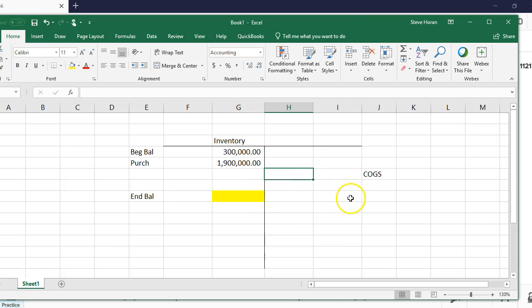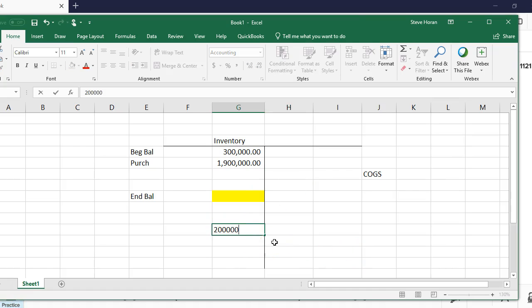And then what we have to do is figure out what cost of goods sold was. So they told us that they had sales of 2 million. So down here, I'm just going to plug in a sales number of 2 million. And then to compute that, they said that the gross profit margin was 20%.